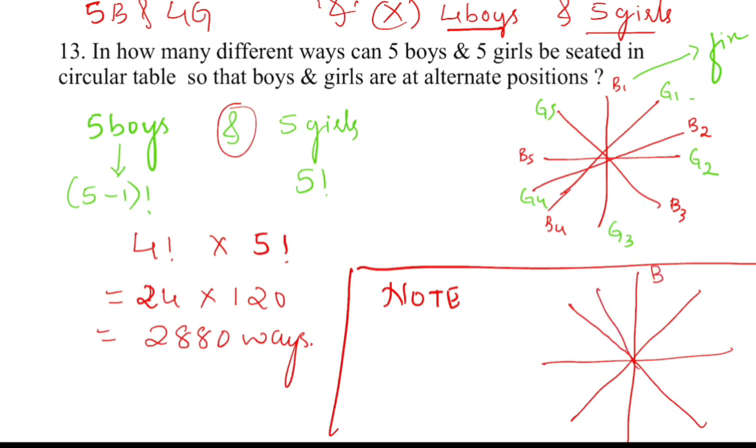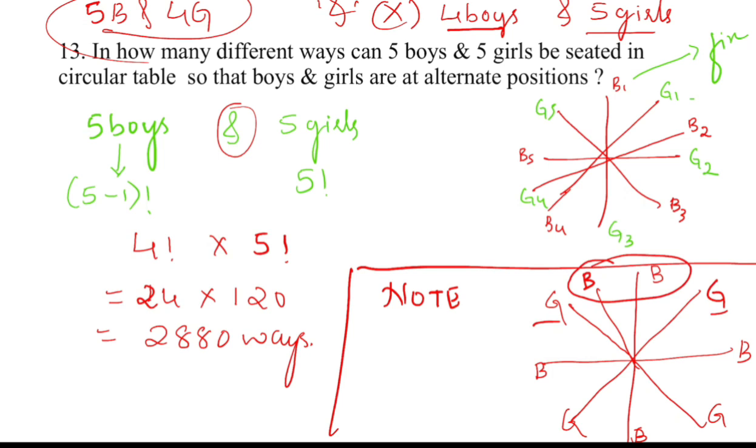Now if I begin with boy and boy and boy, so what will happen? 5 boys are there. Now take this problem. If 5 boys are there and 4 girls, a girl will be here, a girl here, a girl here, a girl here. Girls are at alternate places, but the last 2 boys are not coming in alternate places, isn't it? We cannot arrange them: girls are all in alternate positions, but boys are not, the last 2 boys are not alternate.